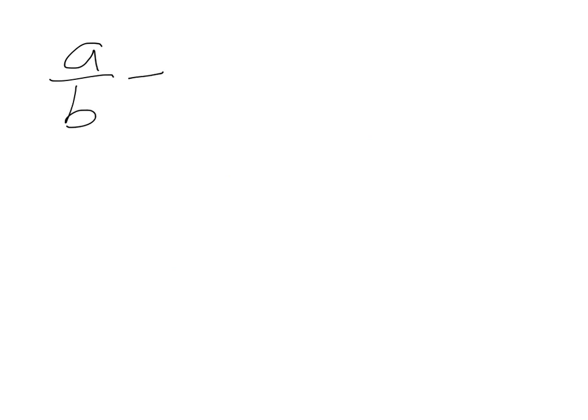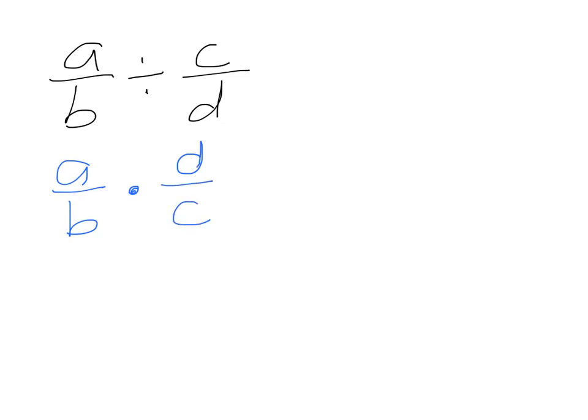A over B divided by C over D. If I do my same change, keep the first fraction the same, change division to multiplication, and turn the second fraction into its multiplicative inverse or its reciprocal. Then, of course, I could prime factor and multiply across.